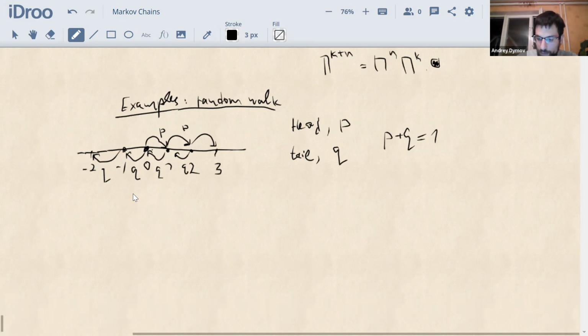Actually, the system is a Markov chain. Intuitively it is obvious, because my next position clearly depends only on the result of the coin, head or tail, and on my present position. So this is clearly a Markov chain, and it doesn't depend on the past. The future depends only on the present position.